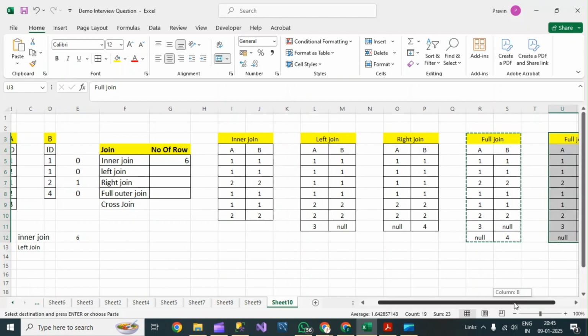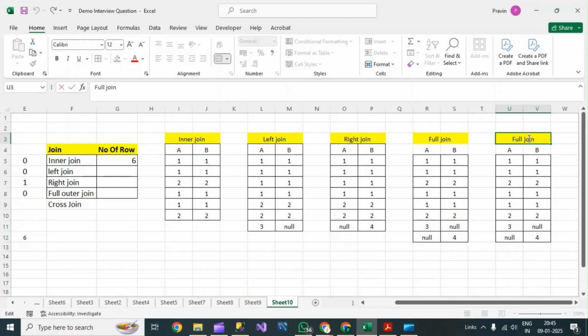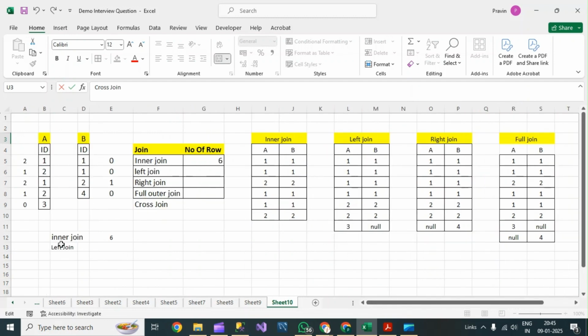Yes, anyone? 20 rows, okay. So Prajwal. Okay, right. So basically 20 rows. How did you calculate it? Can anyone tell why 20 rows?